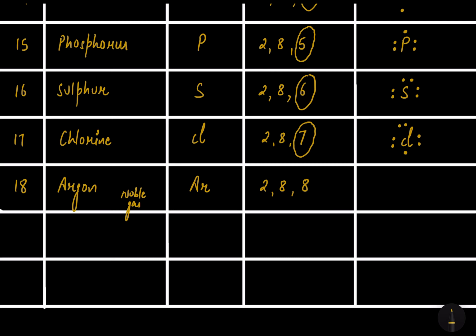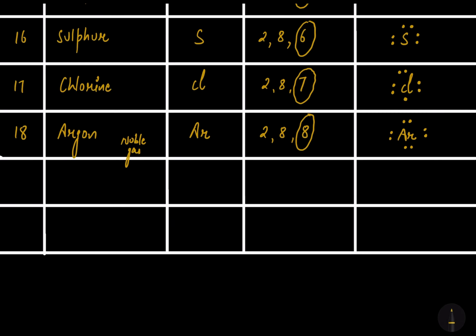The first shell can accommodate a maximum of 2 electrons, the second shell can accommodate a maximum of 8 electrons, and the third shell, that is the outermost shell, is also having a total of 8 electrons, and it's the maximum value for the number of electrons in the third shell. So it's a noble gas. So we are going to show the Lewis symbol for the noble gas as Ar, and we have to show a total of 8 electrons in the Lewis symbol. So that is 1, 2, 3, 4, 5, 6, 7, and the 8.